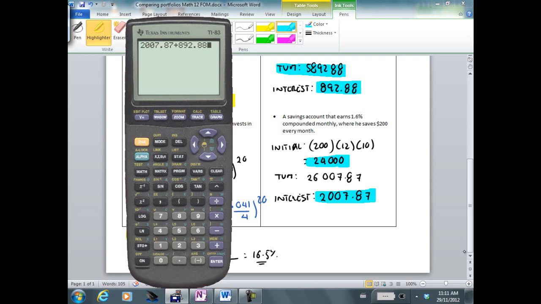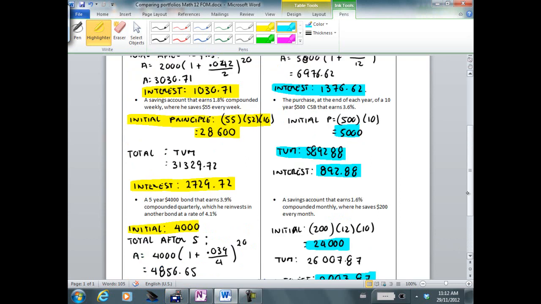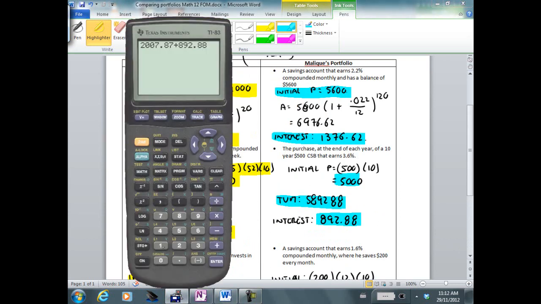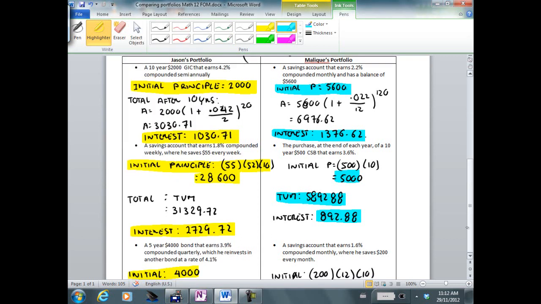892.88. Again, I go up, up, up, and there's another interest, 1376.62. Plus 1376.62. You have $4,277.37 total.